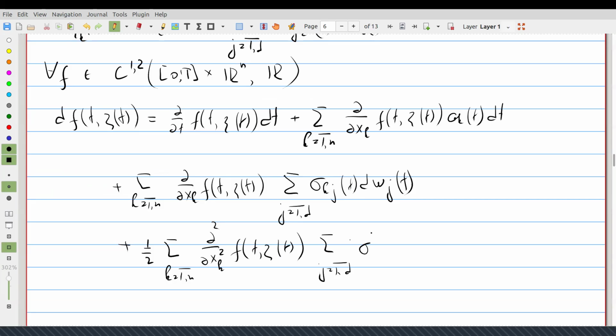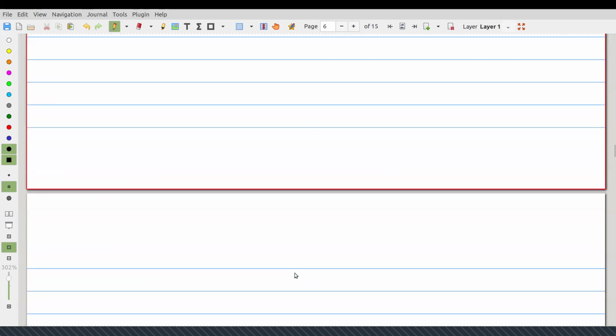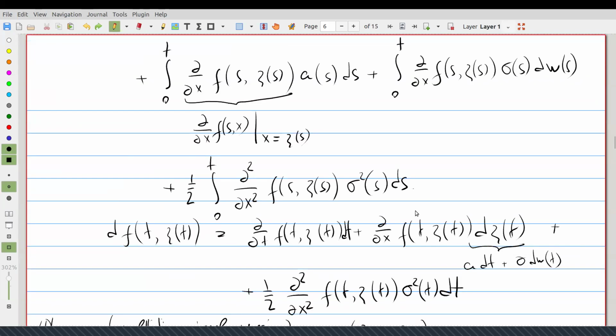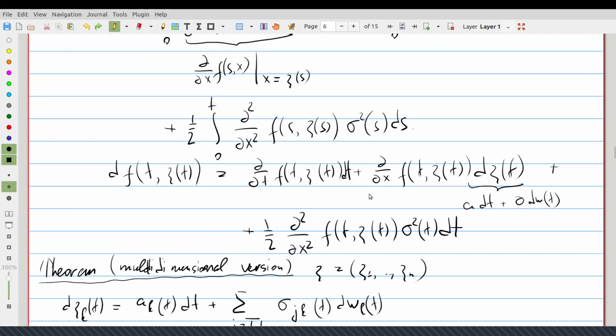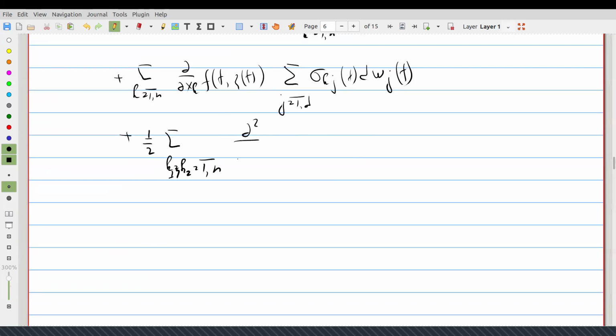It's not correct. Sorry. It's not correct, obviously. I need all derivatives. k1, k2 from 1 to n, d squared dx k1 dx k2 f t psi of t.